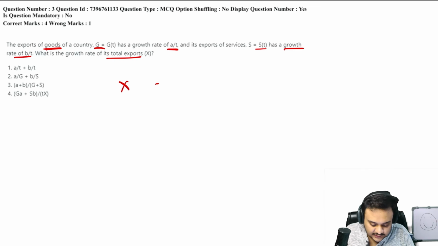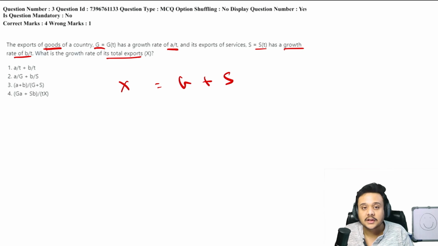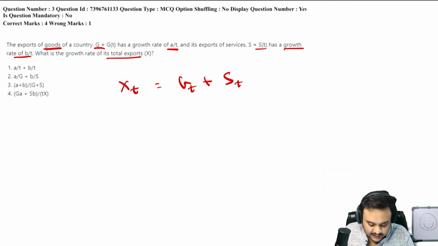You know that X is equal to G plus S. X is total exports, G is the exports of goods, and S is the exports of services only, right? So now you also know that they are all a function of t. So I'll just write X also as a function of t because G and S are.